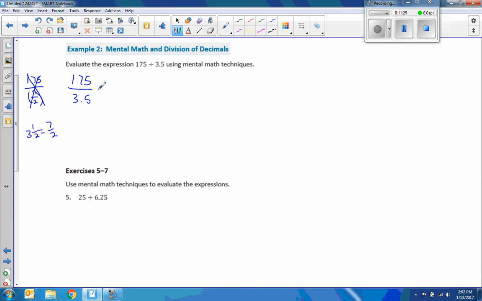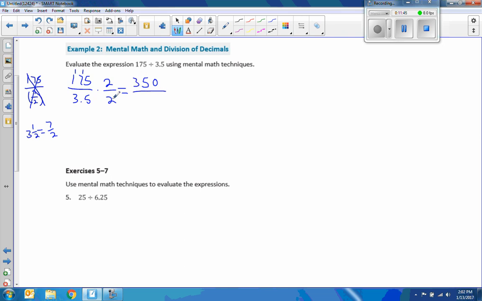Let's get rid of this decimal. Well, how do we get rid of the decimal? Multiply 5 times 2, and it will go away. So I'll multiply the top and bottom by 2 because of that 5. And 175, 5 times 2 is 10, carry the 1. 7 times 2 is 14, plus 1 is 15. 2 times 1 is 2, plus 1 is 3.